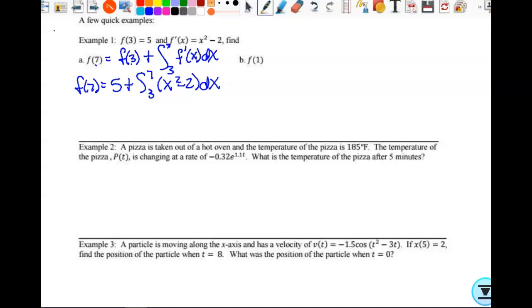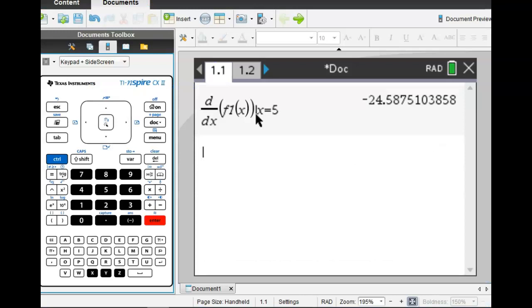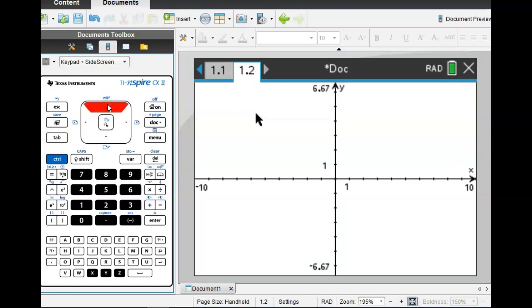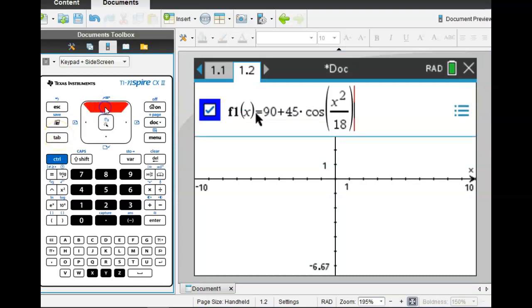It's a simple one, but we're going to put it into our graph anyway. So let's go back to our graph, because we're going to practice with some simple ones here. I'm at F2. I want to go back up to F1, right? I'm going to go up to this, and I'm here. I'm going to delete all that out.